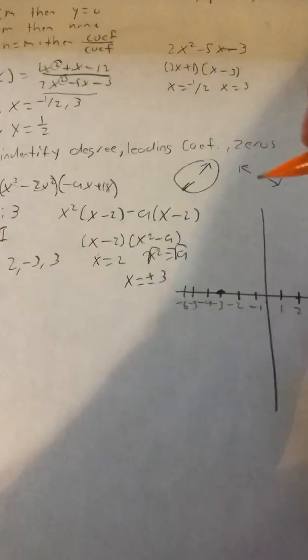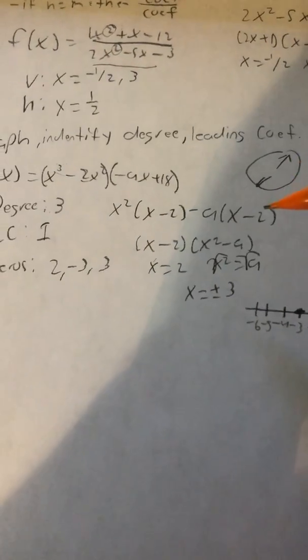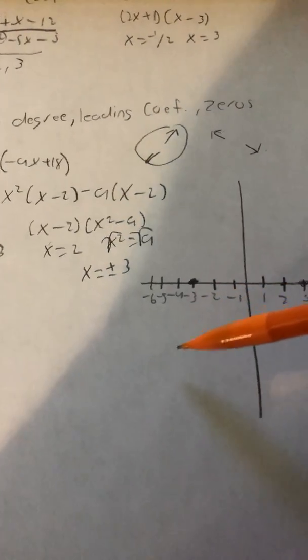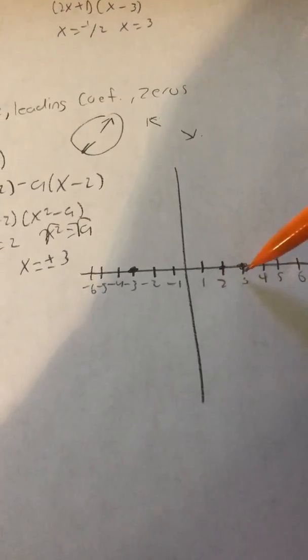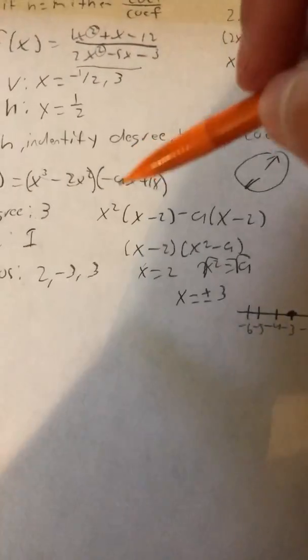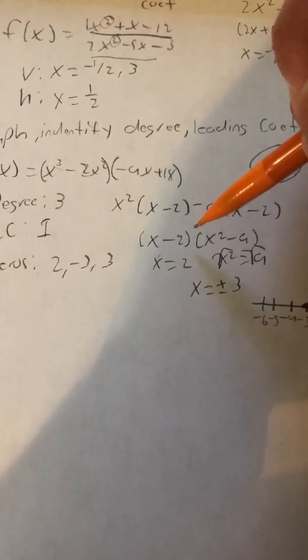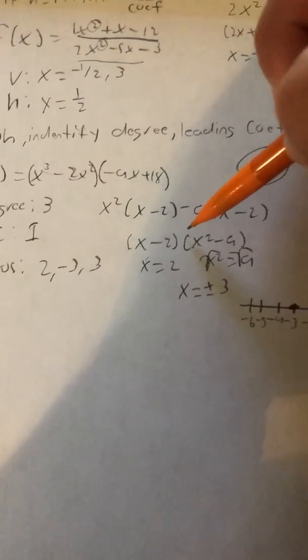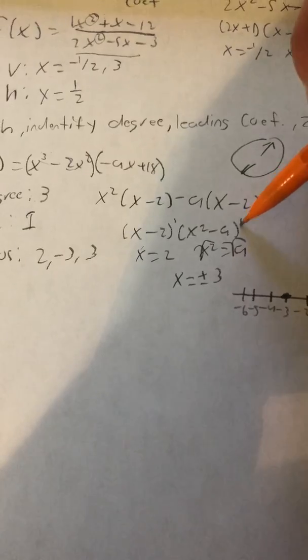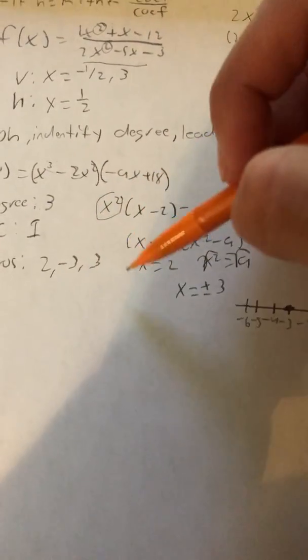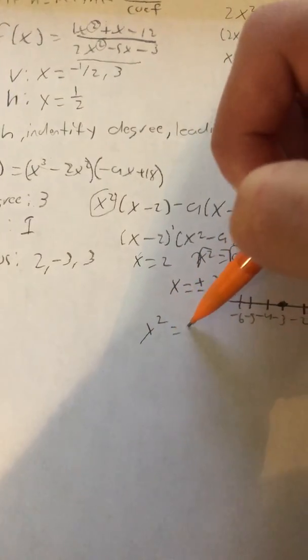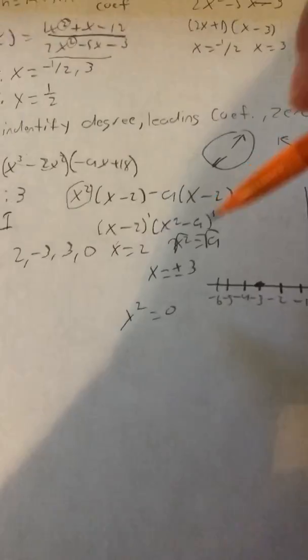And now what we want to do is pay attention to the multiplicities, and that determines if the graph is going to go through the point or if it's just going to touch the point and come back up. In this case, we could see that this is a 1 here and this is a 1 here. And I almost forgot about this 0 right here. This still counts as a zero, so there is another zero.